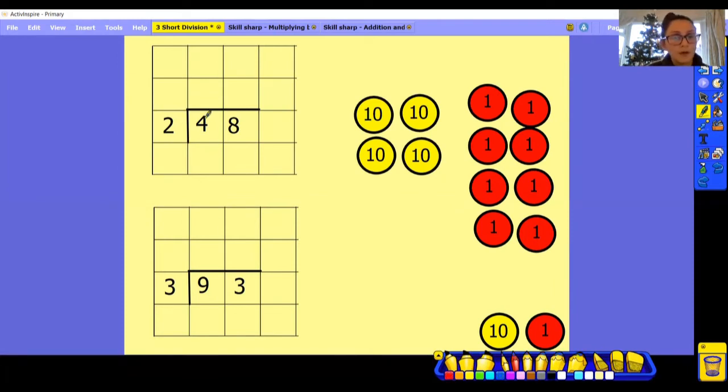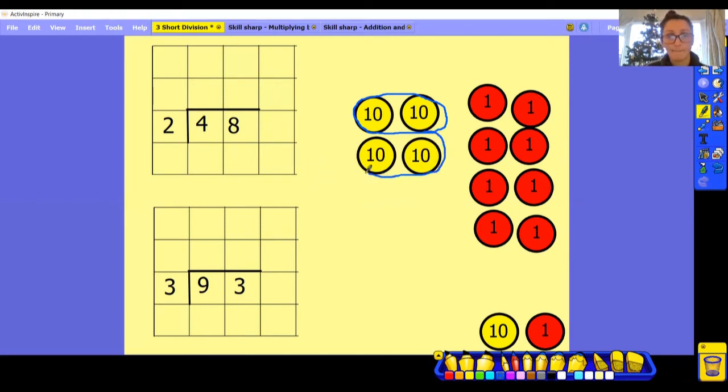So first of all, we're going to do 40 divided by 2 or 4 divided by 2. It doesn't matter how you do it, okay? Because remember, as long as you know that this 4 is really worth 40. So how many equal groups of 2 can I have? So I've got 1, 2. That's one group of 2. Can I make another equal group of 2?